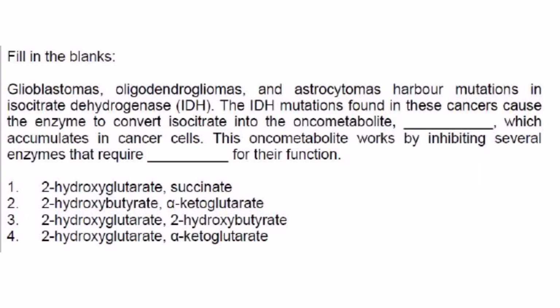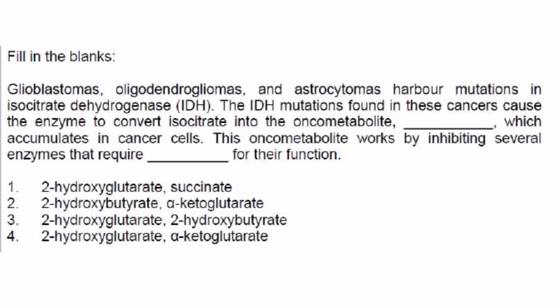Then next one. Glioblastomas, oligodendrogliomas and astrocytomas harbor mutations in isocitrate dehydrogenase. Okay. The IDH mutation found in these cancers causes the enzyme to convert isocitrate into the oncometabolite. Oncometabolite because it disrupts the normal cellular process.